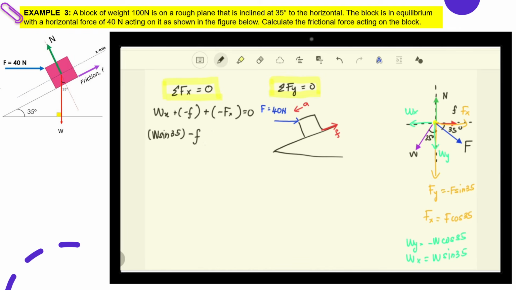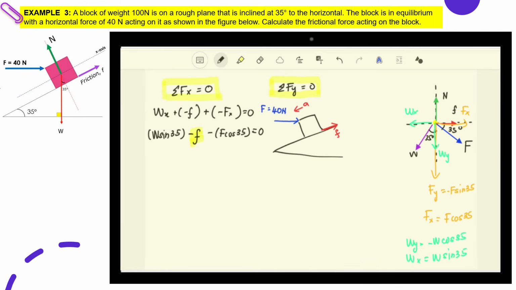minus frictional force. We want to find the frictional force here. And minus Fx, where Fx is equal to F cos 35. So we have F cos 35 is equal to 0.